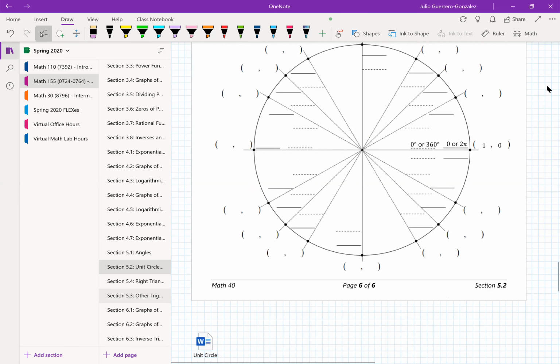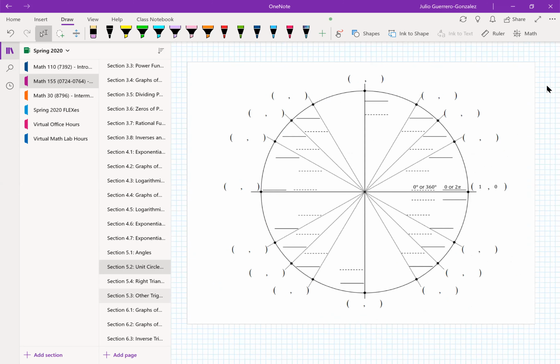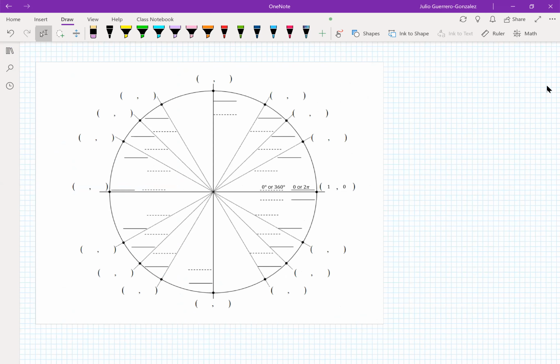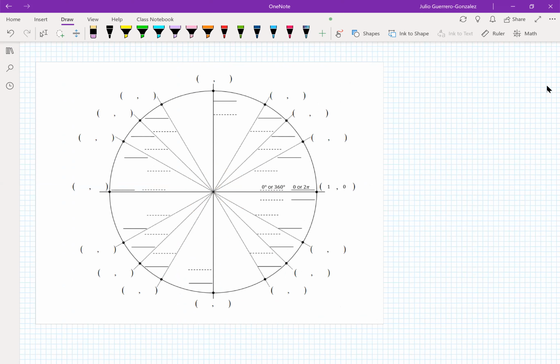I uploaded into your files for the class a big blank one of those, and the reason is that we're going to use this repeatedly from here on out. So if you wouldn't mind printing out one of these as well, which is just a blank round one.